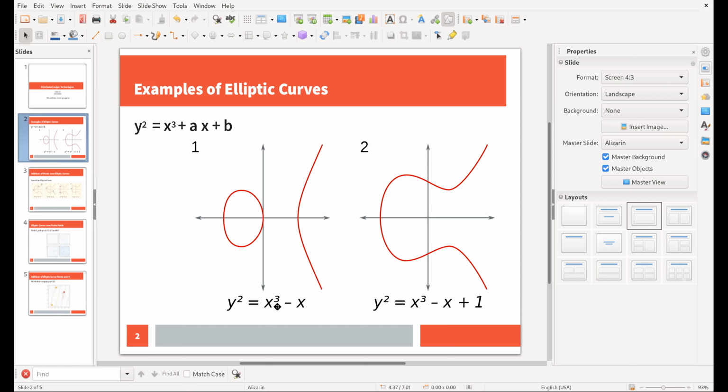For both curves depicted here, the discriminant is not 0. Or in a more general situation, we have one continuous curve, as in the second example. Okay.